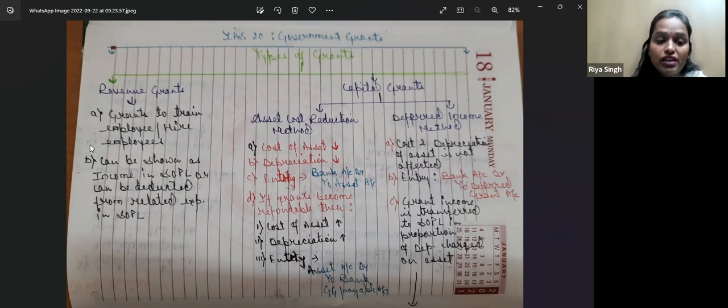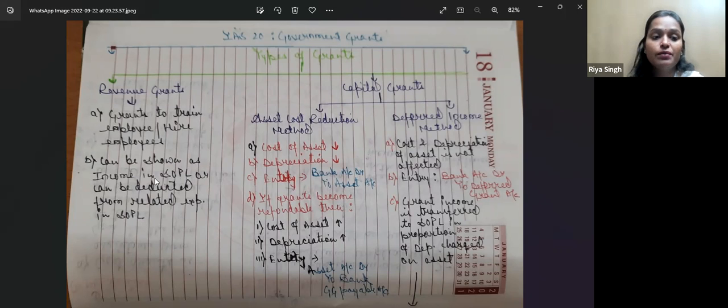If you are getting any revenue grant from the government, it should be shown as an income in the profit and loss account, or it should be deducted from the related expense in the statement of profit and loss account.